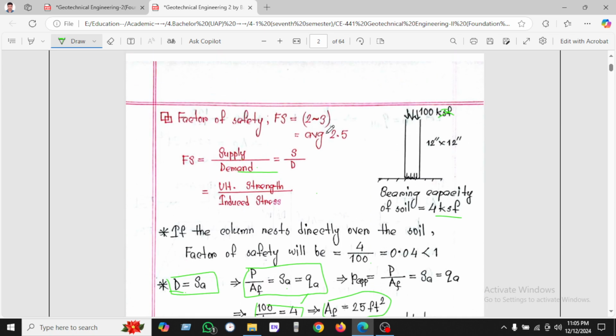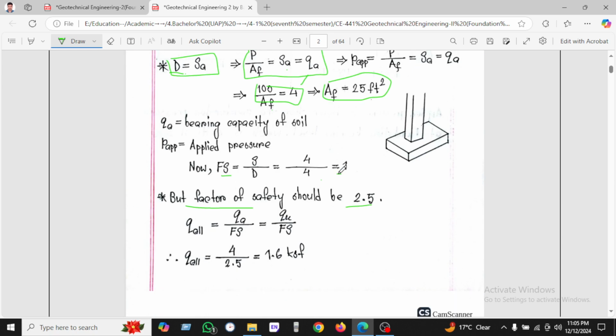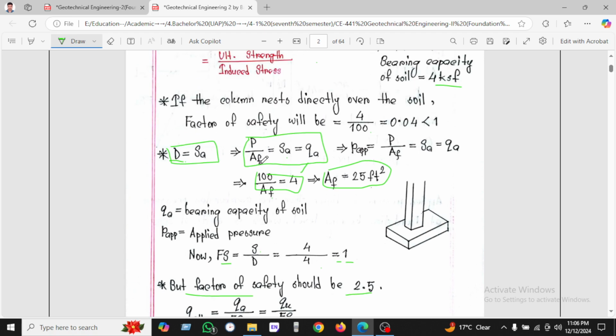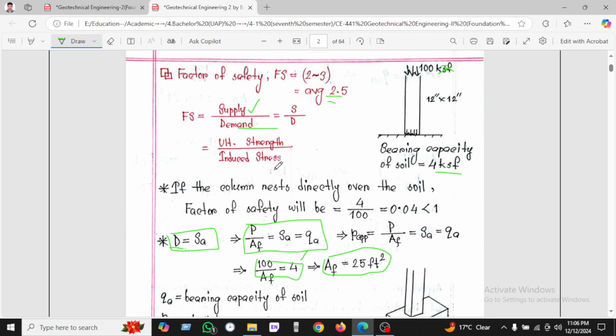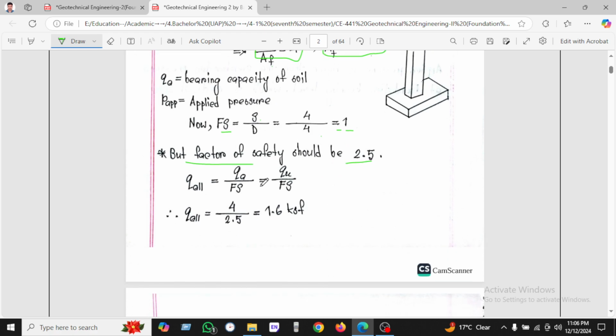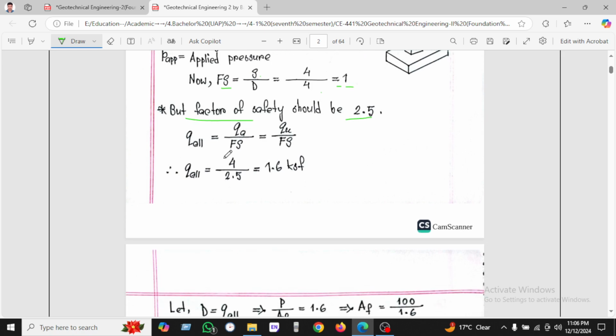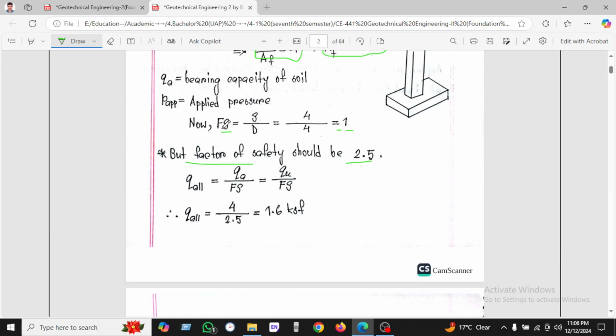We know the factor of safety must be 2.5, but we have found 1, so we have to increase the factor of safety. So that's why if we increase the supply, then the factor of safety will increase. So let's see the allowable. We know the allowable equals force per factor of safety, equal to supply divided by demand.